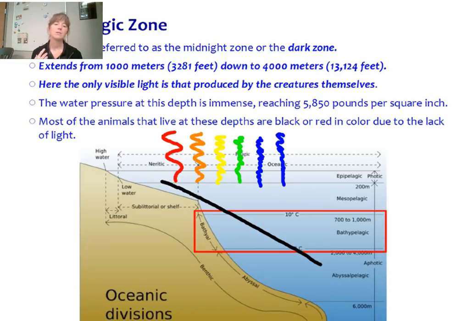So the red waves actually are slow and lumbering, and they don't make it that deep into the ocean, so they're absorbed by the water first. Blue and purple make it down really deep as far as visible light goes, and so most organisms in the deeper parts of the ocean end up being red because they are definitely invisible when they're red.